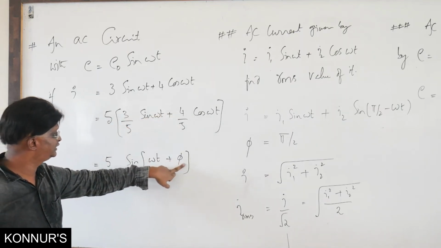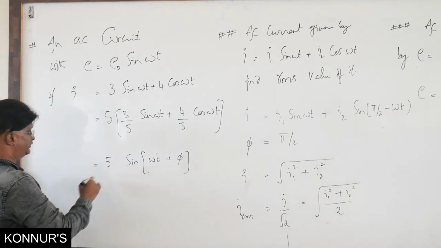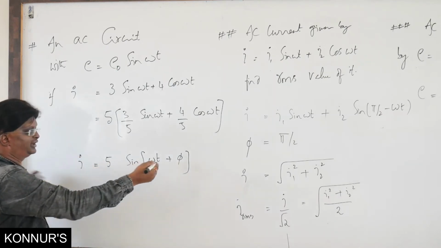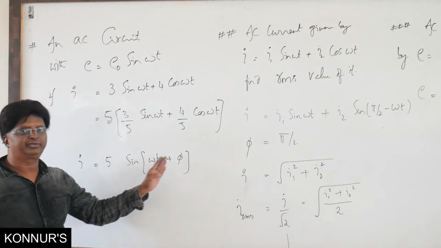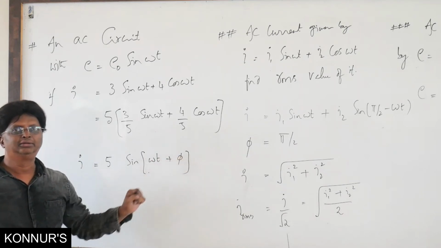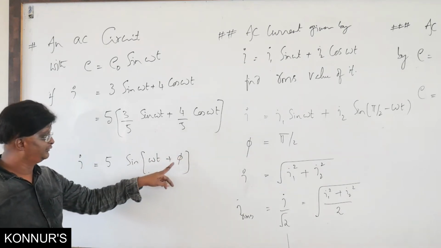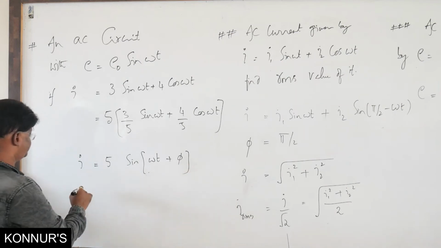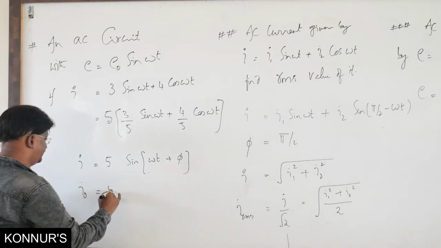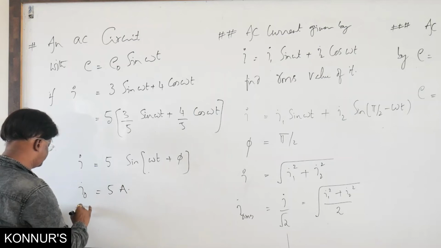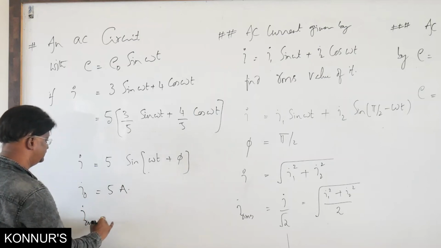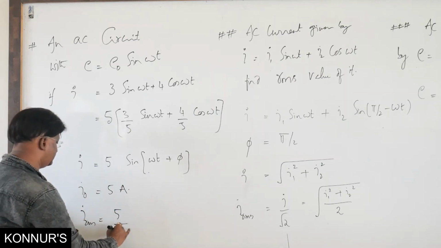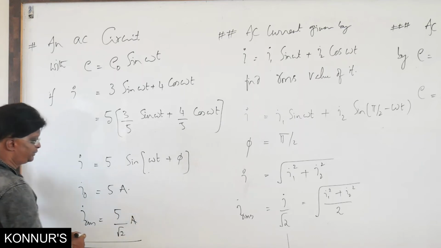Now this equation is in the general form I is equal to I naught sin of omega t plus phi. The most important thing is finding the value of phi. Therefore I naught is 5 ampere, the peak value, and I RMS is 5 by root 2 ampere.